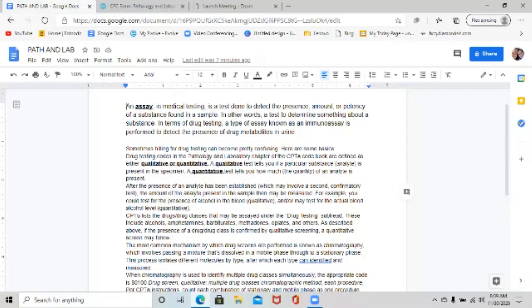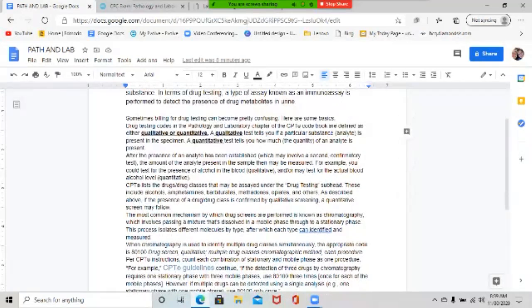So you're going to be seeing this word a lot, assay. That's why I wanted to make sure that you knew what the definition is.